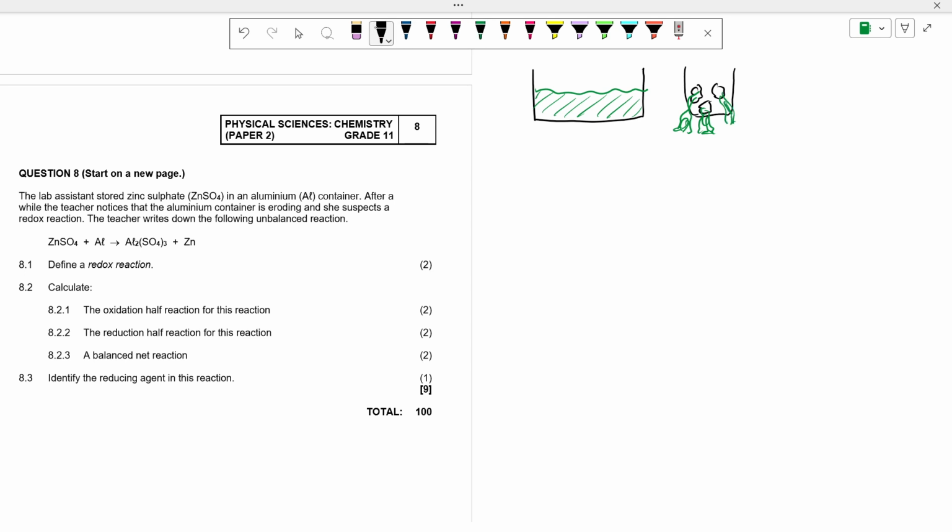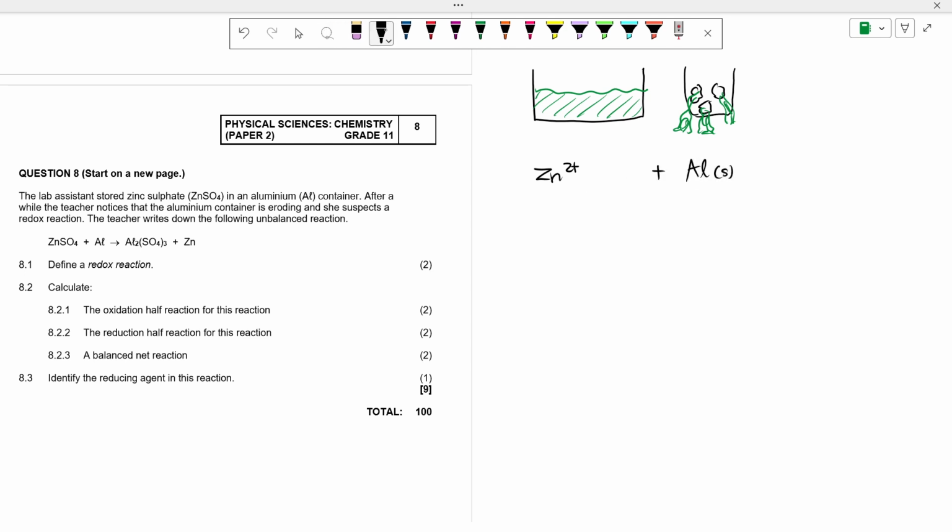Then if we check what really happened, we have a reaction between zinc sulfate, which can be written as Zn2+, and aluminum, which is Al solid. Zn2+ aqueous, and I'm removing the SO4 because it's a spectator.